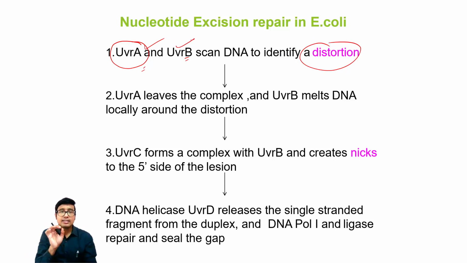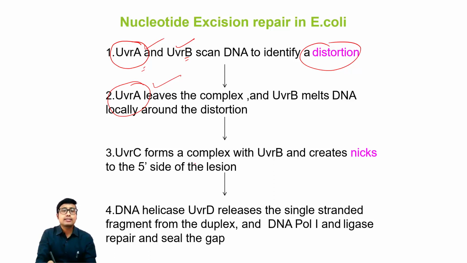Then after the site of the lesion has been identified, UVRA leaves the complex, and UVRB melts the DNA around the distortion. You already know that melting means dissociation of the hydrogen bonds between the adjacent nitrogenous bases. So now we have a segment which has been identified and the local DNA has been melted.